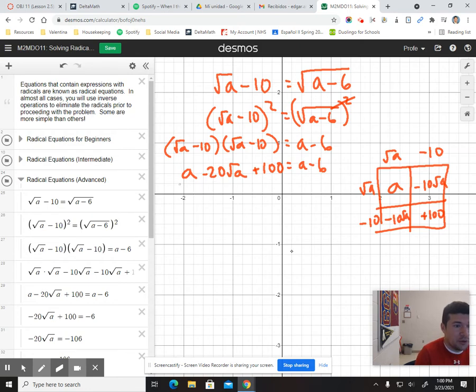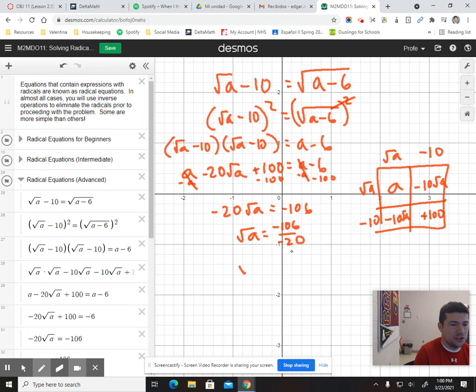I am going to subtract a from both sides, which will essentially cancel them out. And I'm going to subtract 100 from both sides. So essentially I've got negative 20 square roots of a are equal to negative 106. So, maybe we'll have a solution. I'm going to divide by negative 20, so the square root of a is equal to negative 106 over negative 20.